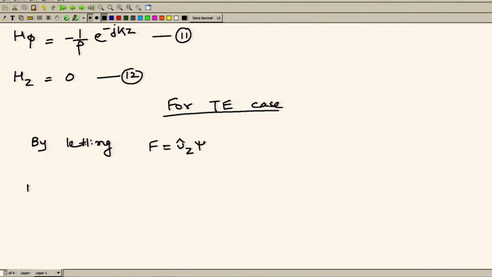So, we know we can write E as minus curl of F and H as 1 upon z cap del of del dot F minus y cap F. So, in a similar pattern we will find out the fields for the TE case.